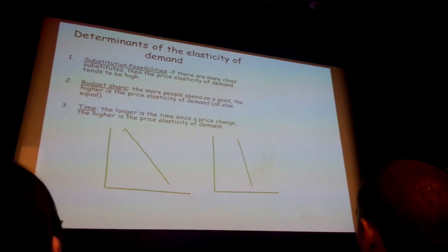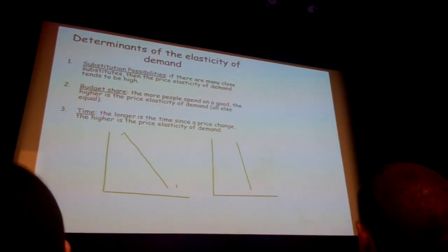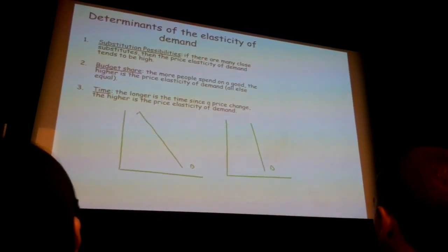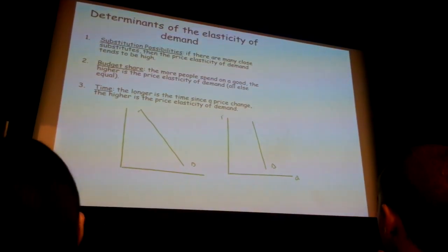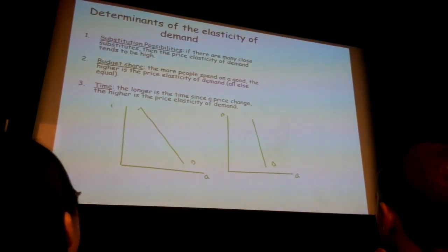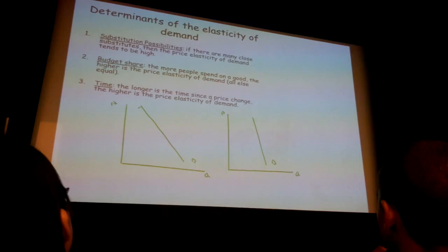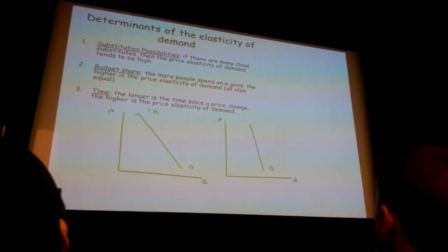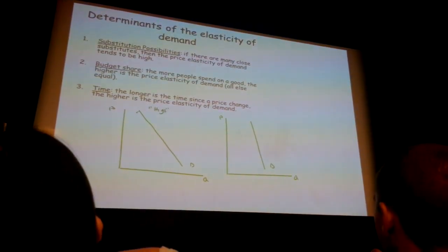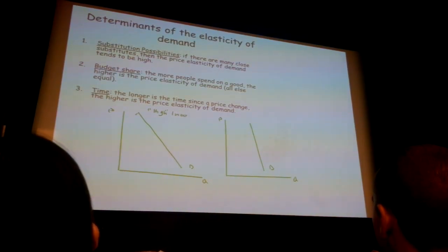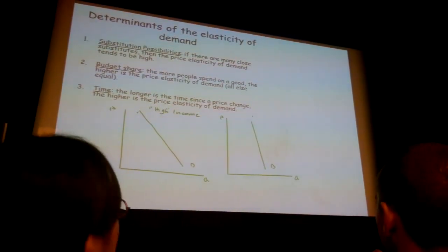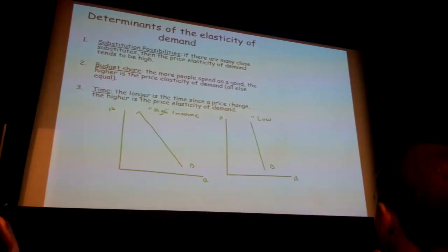So both of these could be the demand for gasoline. But this could be the demand for people with a high income. I'll put high in quotes because I'm not really defining what high income means, and I'm not really going to define what low income means. Oops, I've done this backwards.